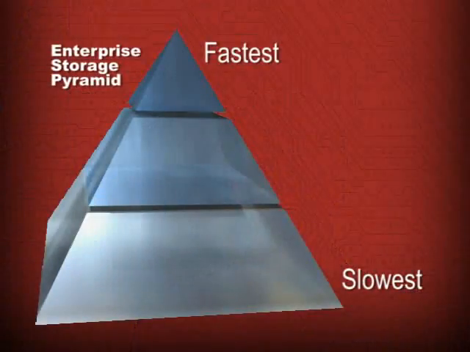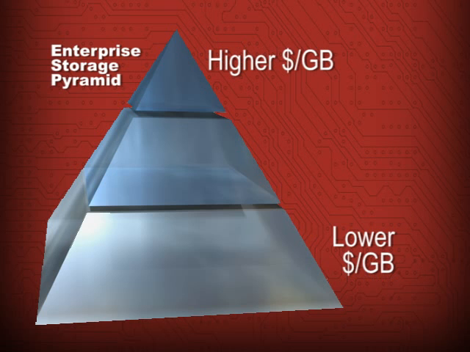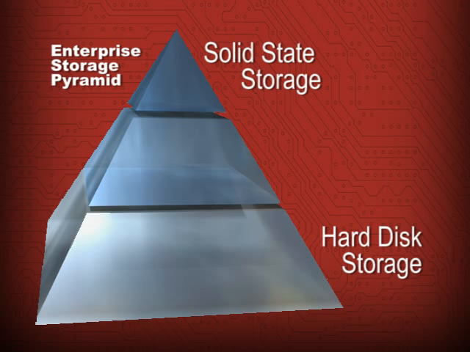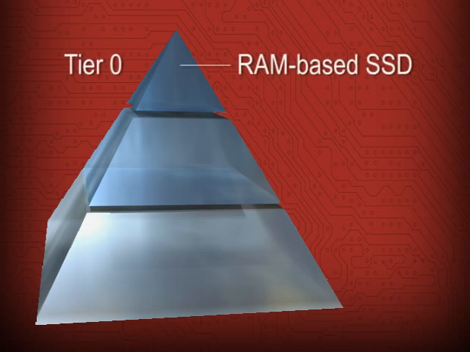We look at basically two kinds of performance pyramids that describe the hierarchies that we're trying to be integrated into. One would be enterprise storage, and in the enterprise storage space, the top tier, as many people would call it, tier 0, would be a RAM-based solid-state disk.